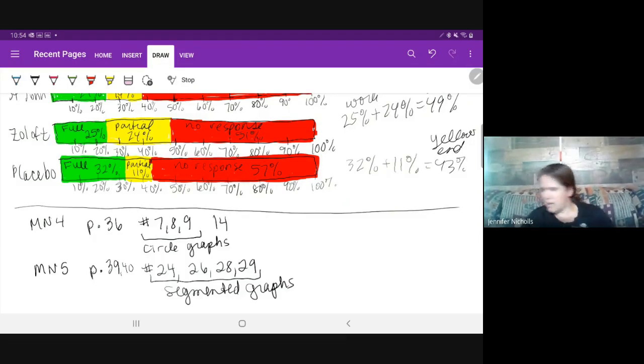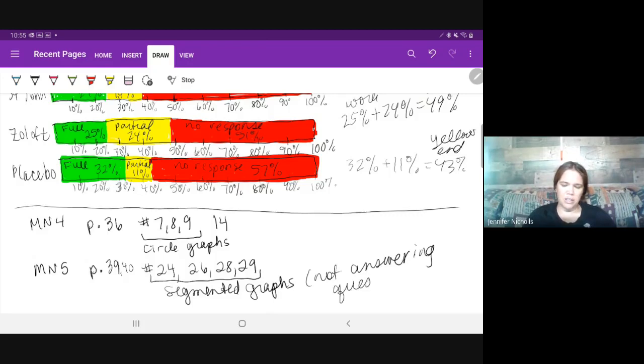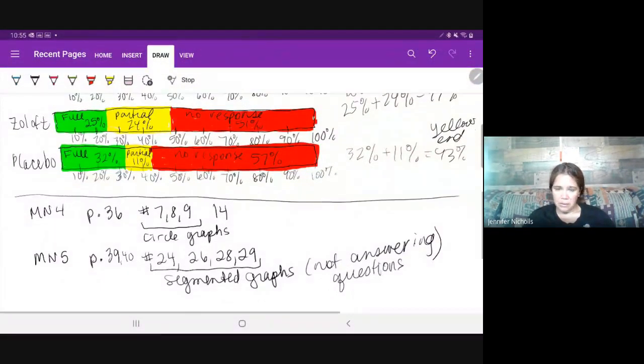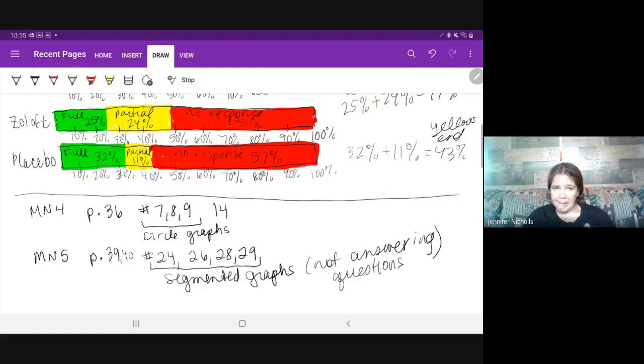So you're making segmented graphs. You are not answering the questions. If you answer the questions, I could give you extra credit. But right now, I just want to know, can you make the graphs? Does that sound good? Sounds good.